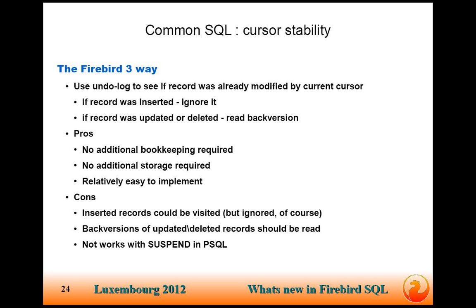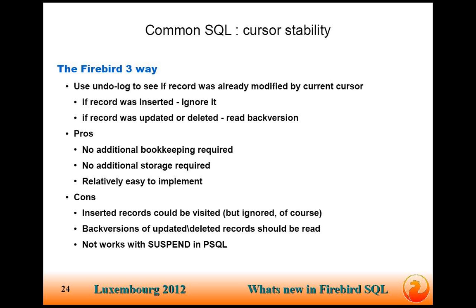Also, Firebird is a multi-version system, and we have previous record versions, in memory or on disk or somewhere. So, consulting the undo log during the select statement, we can know if the current row found on disk was modified by the current statement or not. If it was, we can restore the previous version, maybe from the undo log, disk or cache, and use it for this select statement, for this cursor, to make it stable.